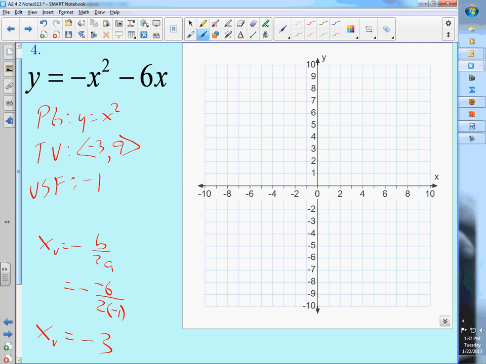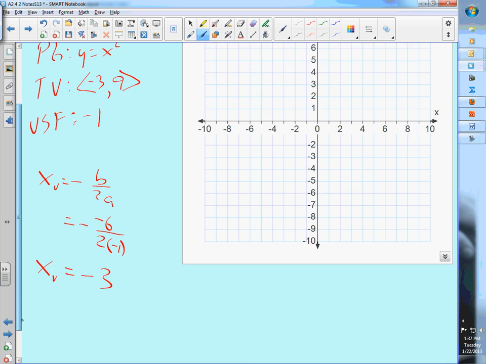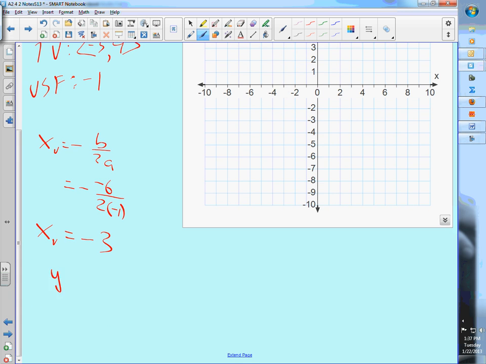+9. Everyone okay with that? 27? So let's take a look. You have y equals -x squared minus 6x, right? Remember, you've got to use parentheses for every x. And we're putting in -3.